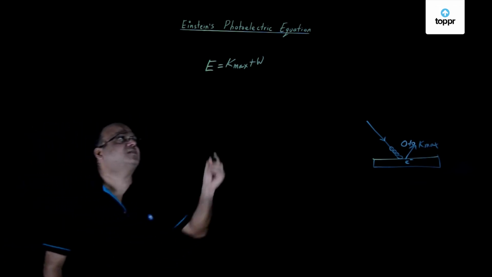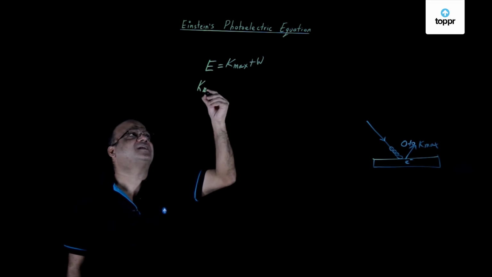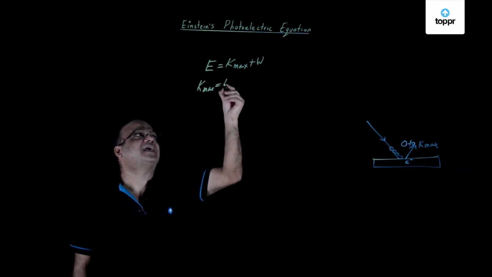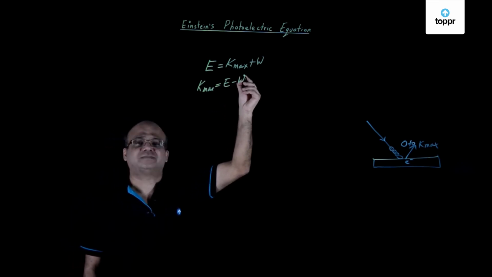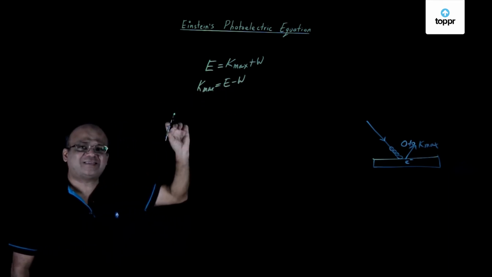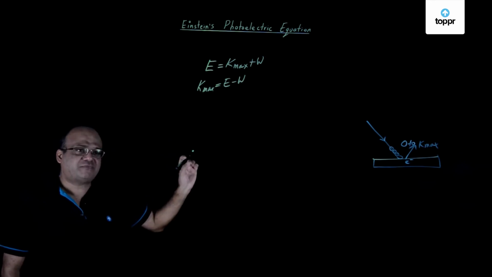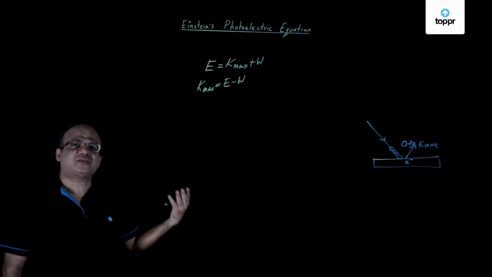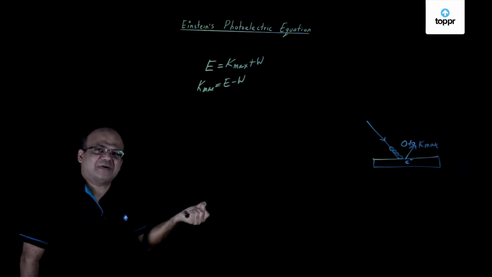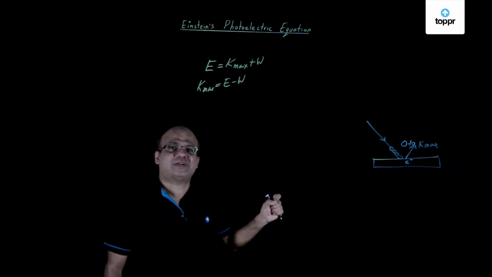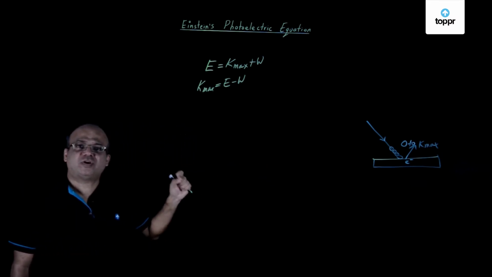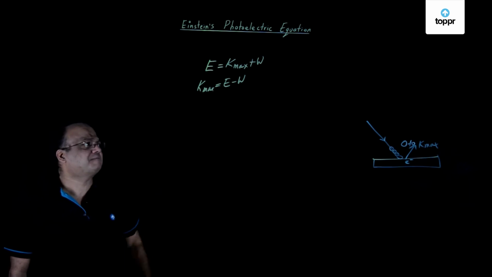From this equation, we get K max is equal to E minus work function. E is the energy of the photon, and work function varies from metal to metal. This is the minimum energy that needs to be given to an electron to make it come out of the metal surface.